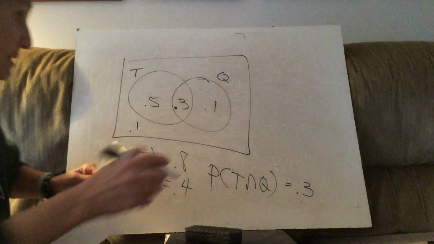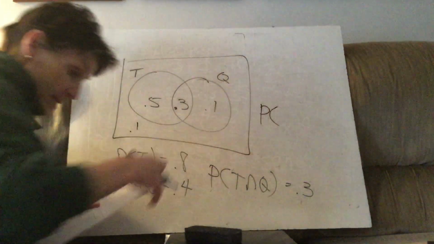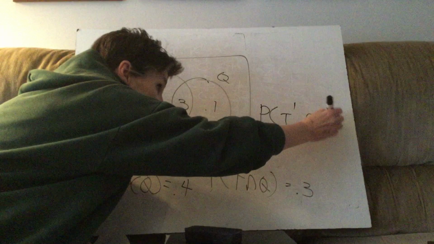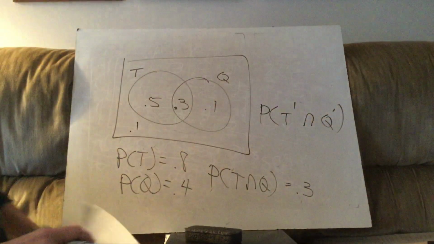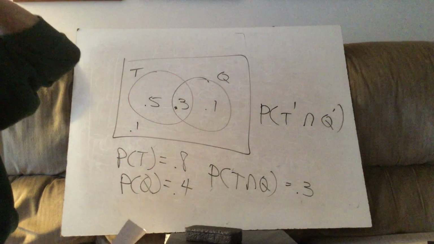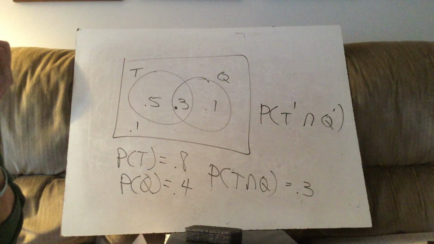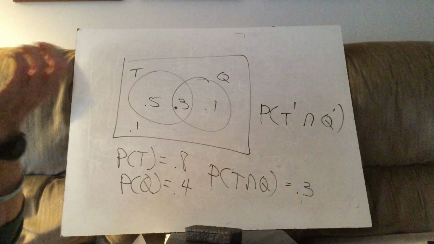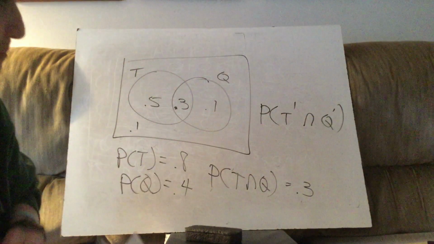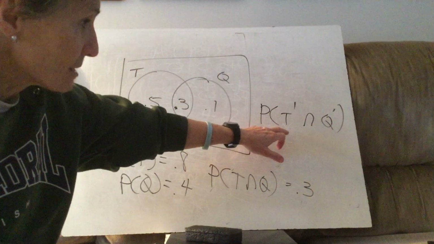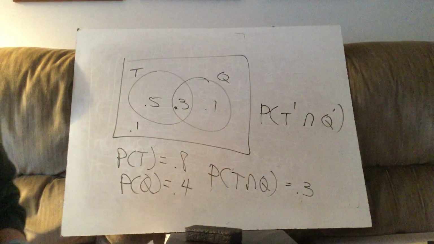Now the question says, what's the probability of not T and not Q? So if you think of T and Q as, I don't know, tacos and queens, then we're talking about people who don't like tacos and they don't like queens.